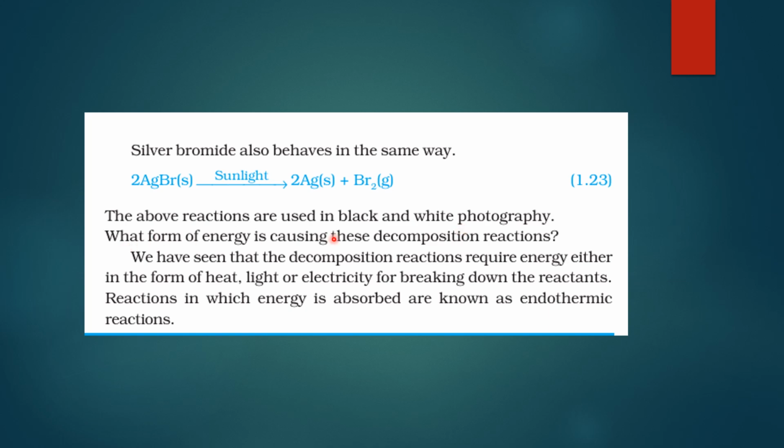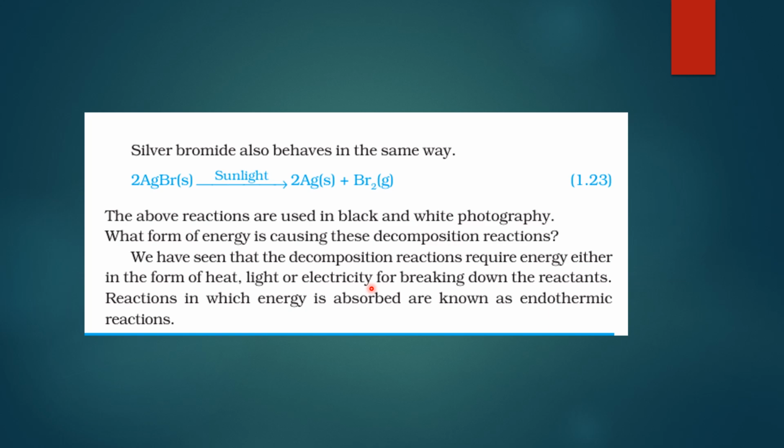Now what form of energy is causing these decomposition reactions? So we see that decomposition reactions require energy either in the form of heat. Okay, we saw earlier that when we provide heat, burning inside the boiling tube, then it is occurring. Light, as you have seen in these two cases of silver chloride and silver bromide, sunlight action is causing it, or electricity, as we saw when we passed electricity and collected hydrogen and oxygen gases.